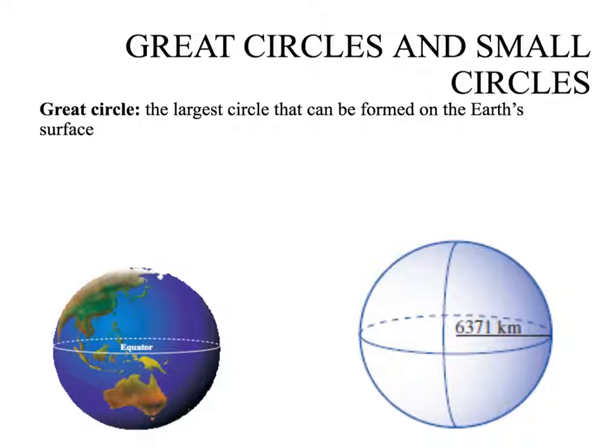So they each run through the North and South Pole, effectively cutting the Earth neatly in half. They are the largest circle that can be made. So all of the meridians around, or lines of longitude, are all great circles, plus the equator, which is our only line of latitude that is an actual great circle.